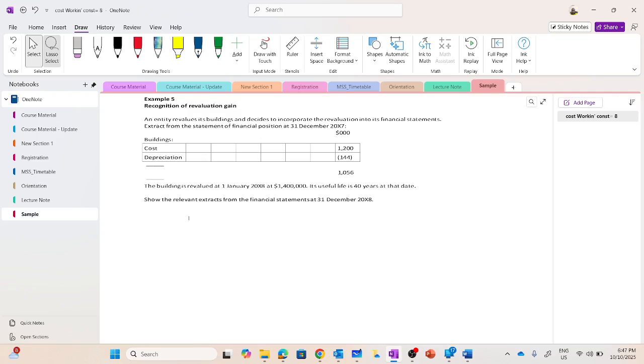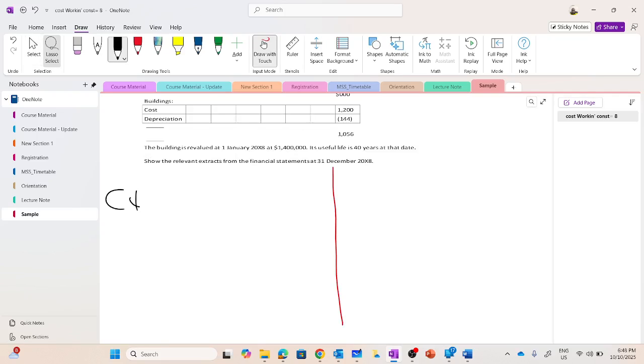So the carrying value at 1st January 20x8 equals 1056. This is the carrying value, right? The building is revalued at 1st January.